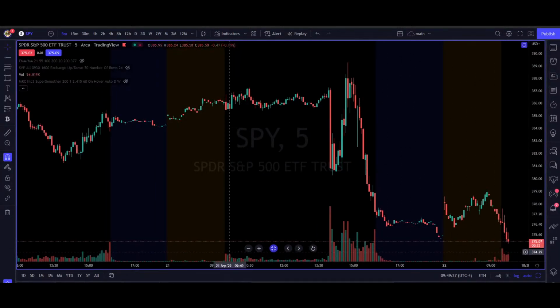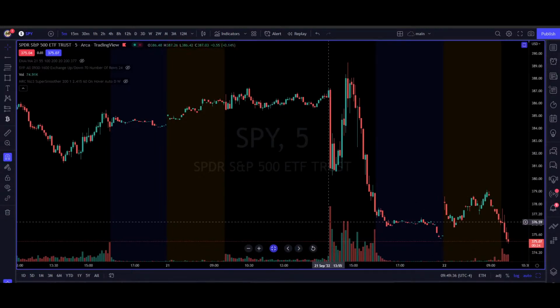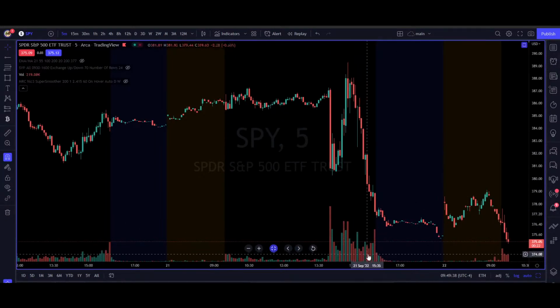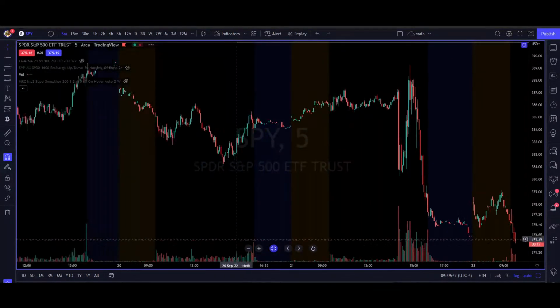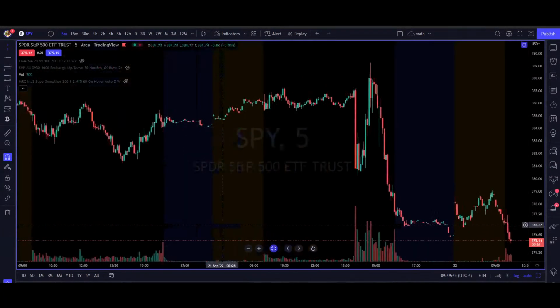The first 15 minutes is generally when you get the last influx of volume, and then it pretty much trends lower for the rest of the day. Sometimes at the end of the day you'll get an influx of volume, but it just depends.